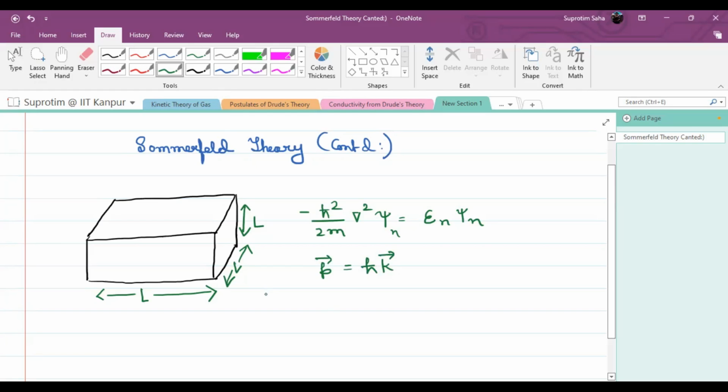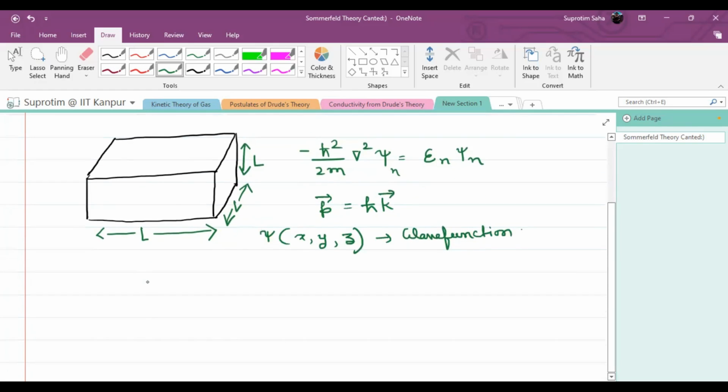If the wave function is psi of x, y, z, psi of x, y, z can be written as a plane wave solution, because solving this we get the form of the Schrodinger equation which satisfies both sides of the equation.